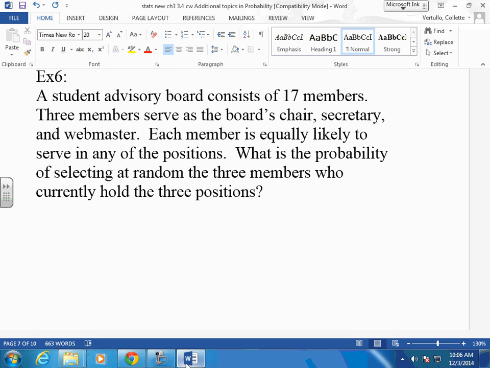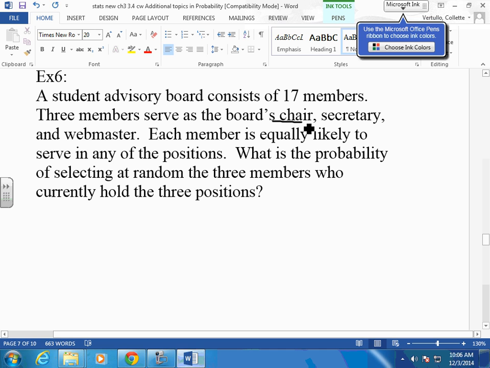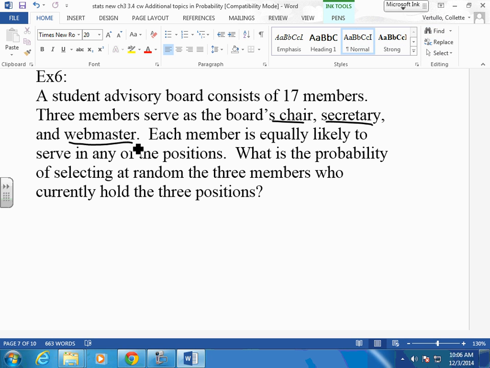The members serve as the board's chair, the secretary, and the webmaster. Each member is equally likely to serve in any one of the positions. What is the probability of selecting at random the 3 members who are currently serving those positions?